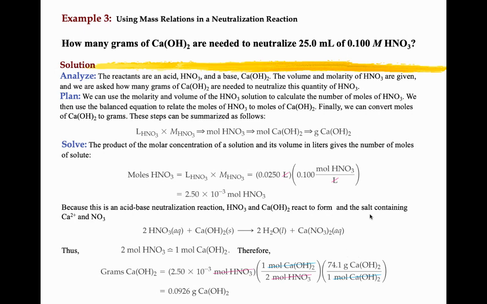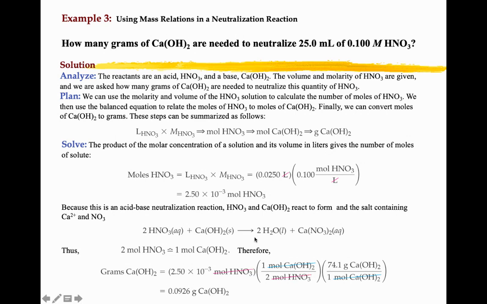So remember that in getting the molar mass, you have to refer to your periodic table and then add up the atomic masses and make sure that you follow also the subscripts. So all in all, we have 74.1 grams per mole of calcium hydroxide.